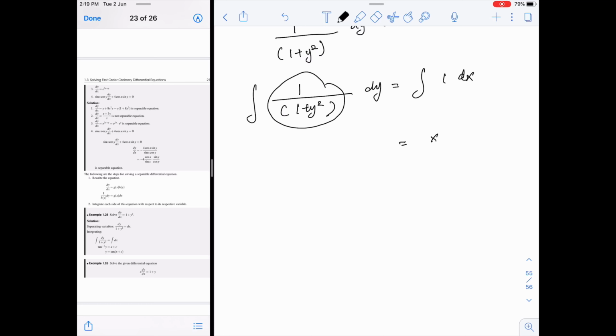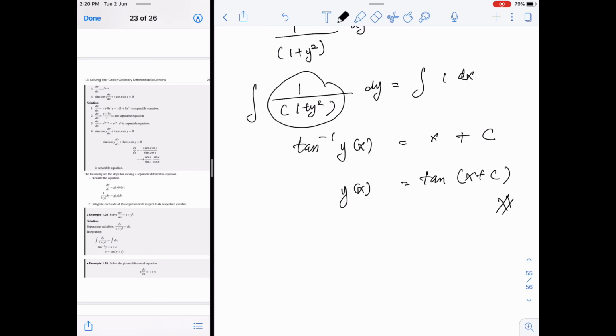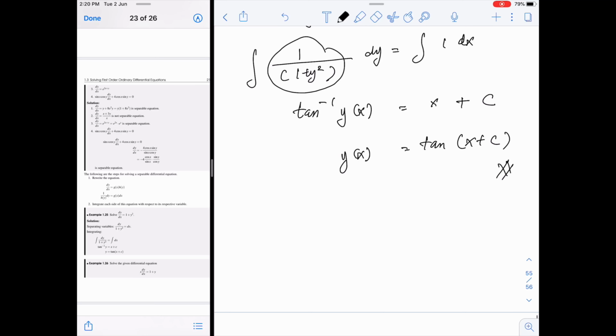The integration of 1 over (1 plus y squared) gives you the arctangent of y, plus c. In order to find y, you bring the arctangent to the right hand side, so it becomes tangent, and then we have y equals tan(x plus c). So this is the answer.